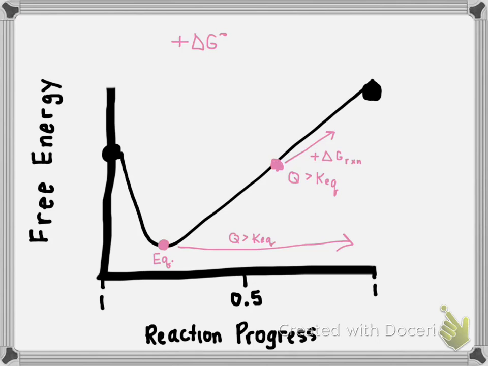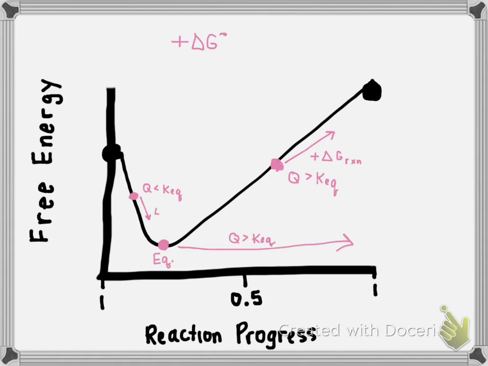Okay. And so what if we're working at concentrations then where Q is less than KEQ? So when Q is less than KEQ, we have extra reactants, so we need to make more products. And so at this point, if the reaction is to go in the forward direction, it's going to be moving downhill.